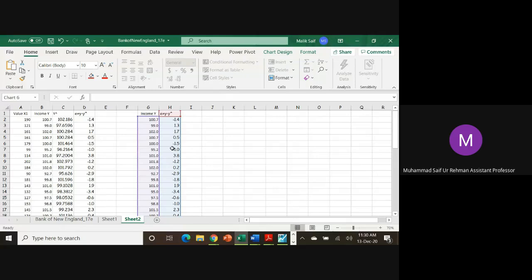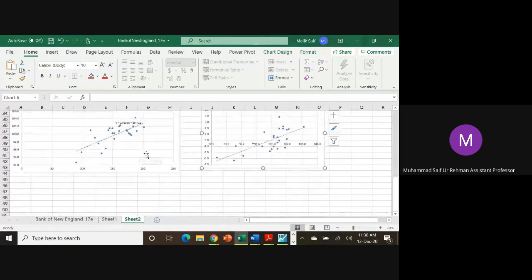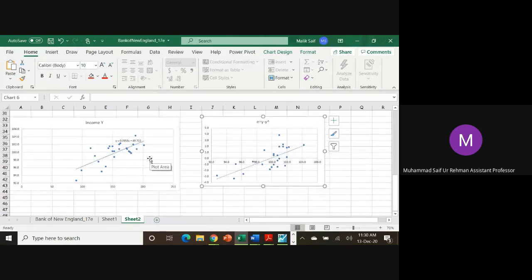So it is easy to regress this one series against the actual values of y, instead of regressing all variables separately on the dependent variable, as I've done here where I regressed x1 on y. Otherwise you would take x2 on y, then x3 on y, and do all this exercise to know whether there is an issue of heteroscedasticity or not.